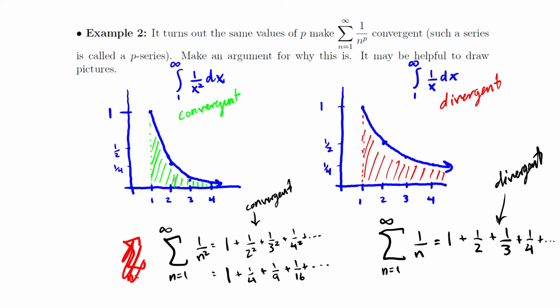Okay, so I don't know if you thought of this or not, but what I want you to think about is that each of these numbers here, 1, 1/4, 1/9, 1/16, could represent the area of a shape. The reason I think that might be nice is because we already have this expressed as an area, and we know that this area is finite.